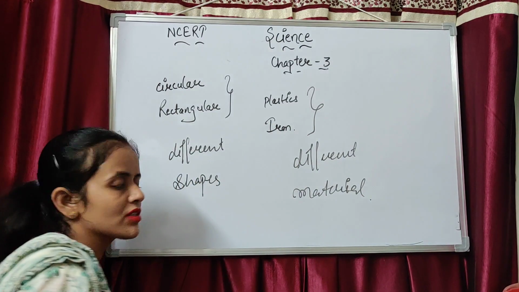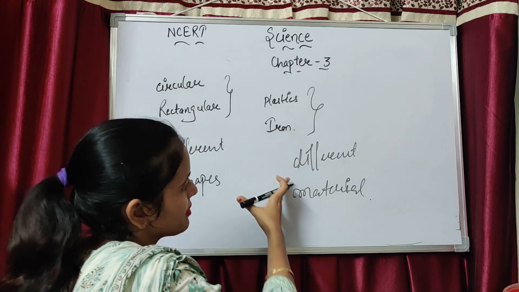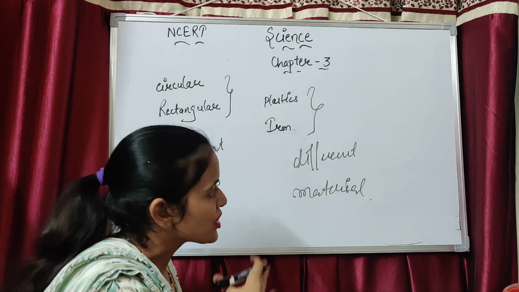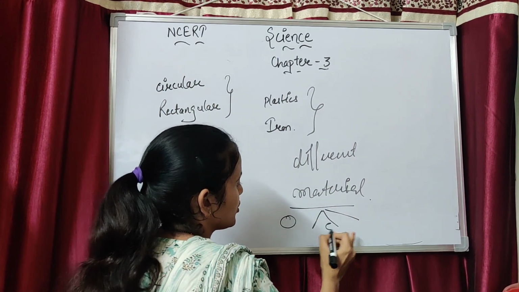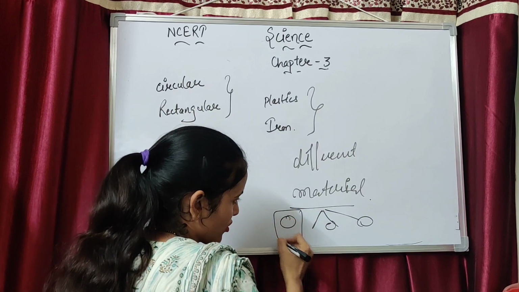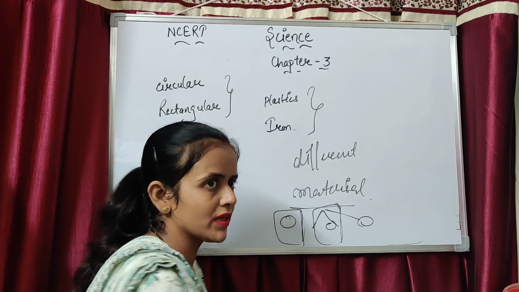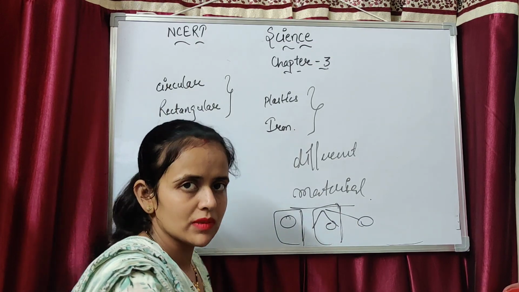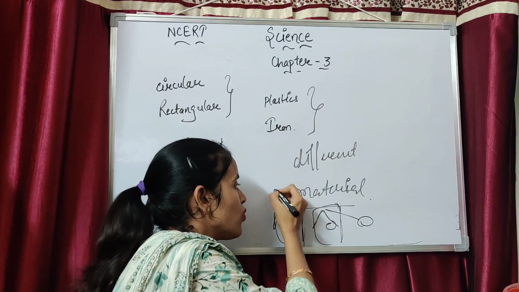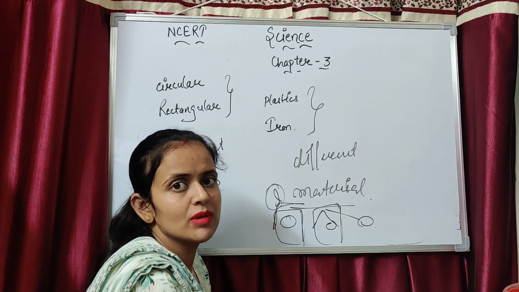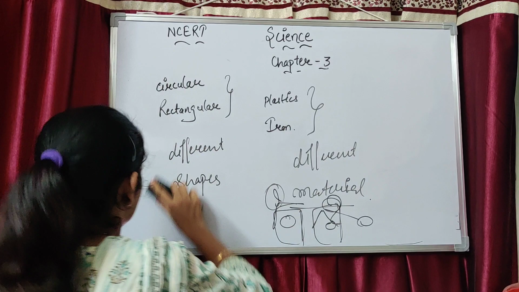So you can say our surroundings have different items, different shapes with different materials. So we will differentiate these materials into some groups like group 1, group 2, group 3. One group has the same or similar properties, another group has other similar properties. The elements which have similar properties, we will put them into one group, and those which have different properties, we will put them into the second group. Okay, clear up to here?